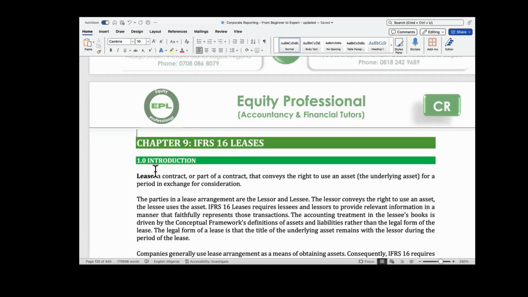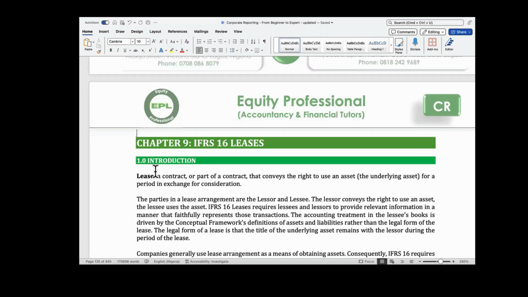For right of use assets, we said that is also measured at the amount at which you measure the liability. But if there is any amount paid at the commencement date, that would be added to the right of use asset.